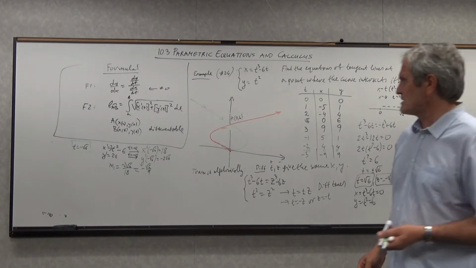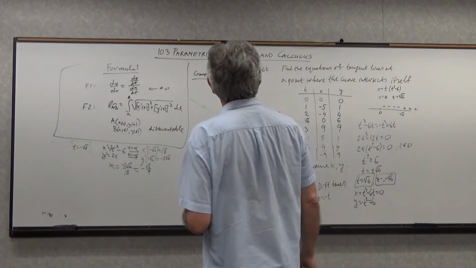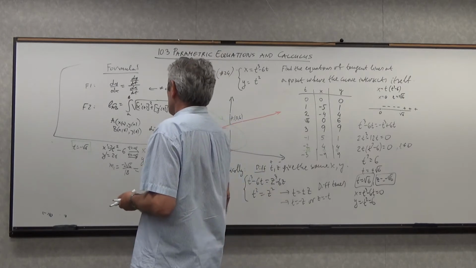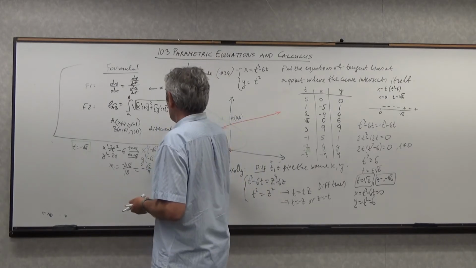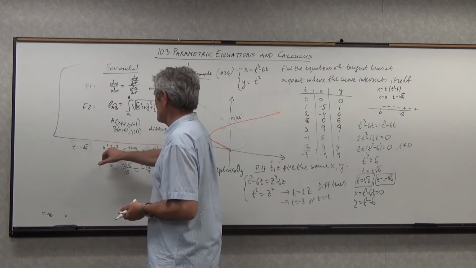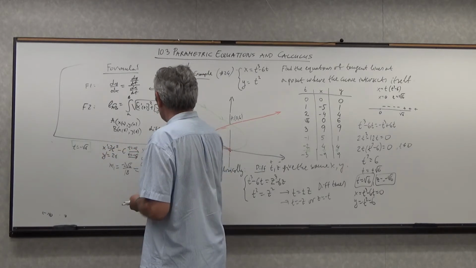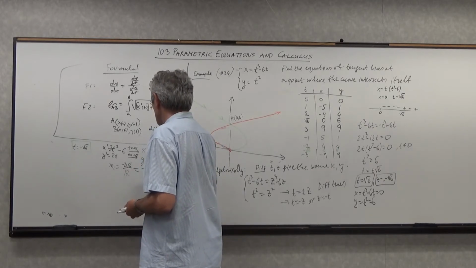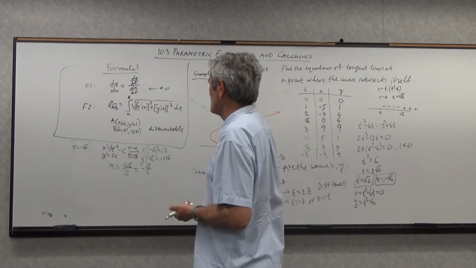My x prime is wrong: it's 3t squared minus 6. Oh yeah, sorry, this is 12. Why? Because when we plug in root 6 squared, 6 times 3 is 18, minus 6 is 12. So this is minus root 6 over 6.